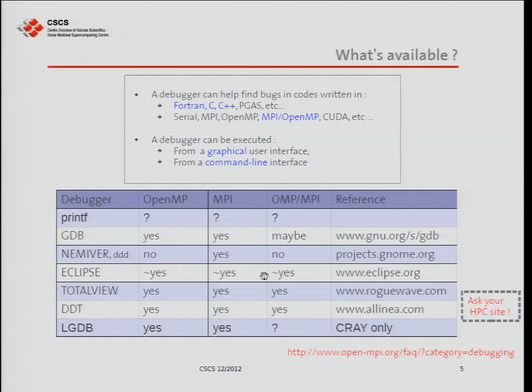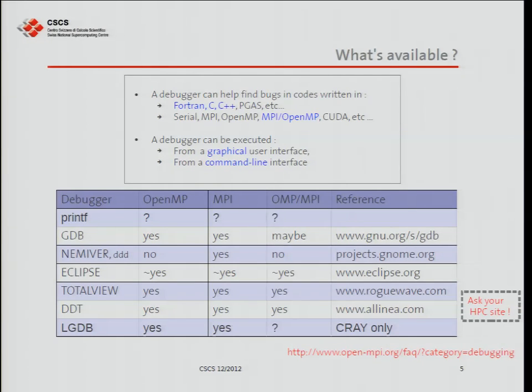So you have different types of debuggers on the market. Most of them can debug any language like Fortran, C, C++. And of course, they support MPI, OpenMP, hybrid codes, also next generation languages like CUDA.